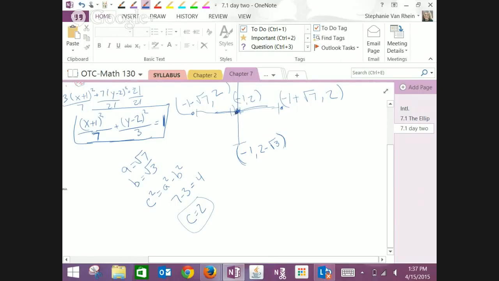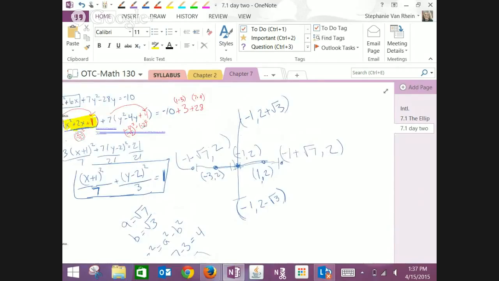So here, this would be -3, comma 2, and this would be 1, 2. And you can check yourself by looking at it this way: 2, 2, 2, 2, 2. All my y components are the same, and all my x components, -1, -1, -1, are the same. Only my x is changing.